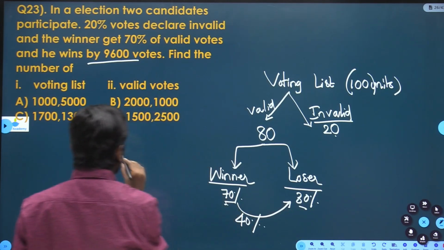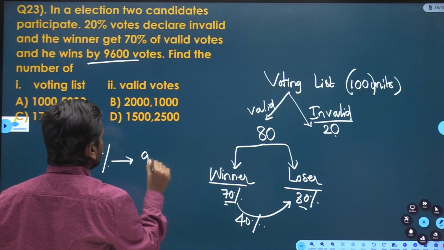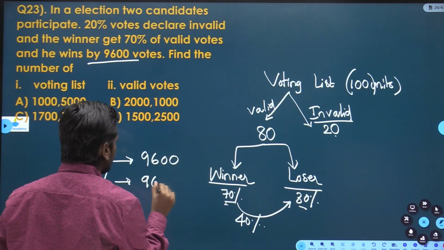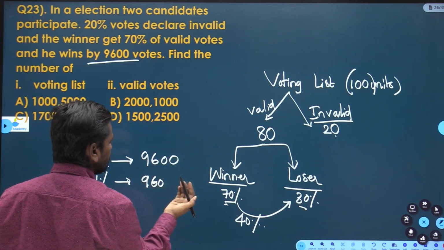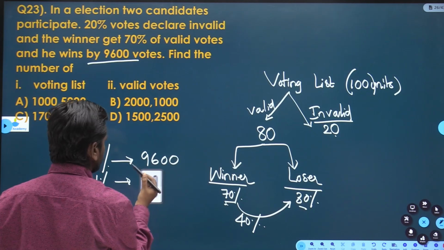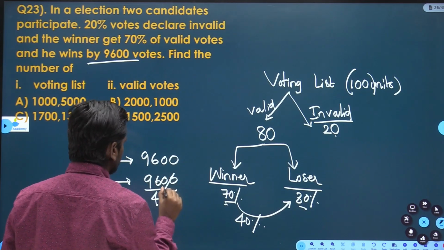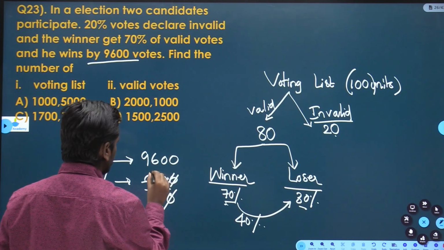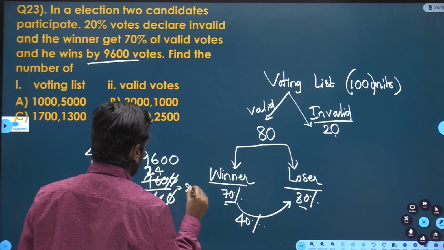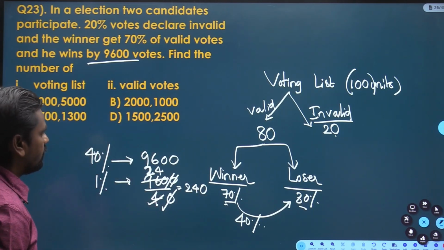This 40% is nothing but the difference, 9,600 votes. So the 1% is how much? 240.